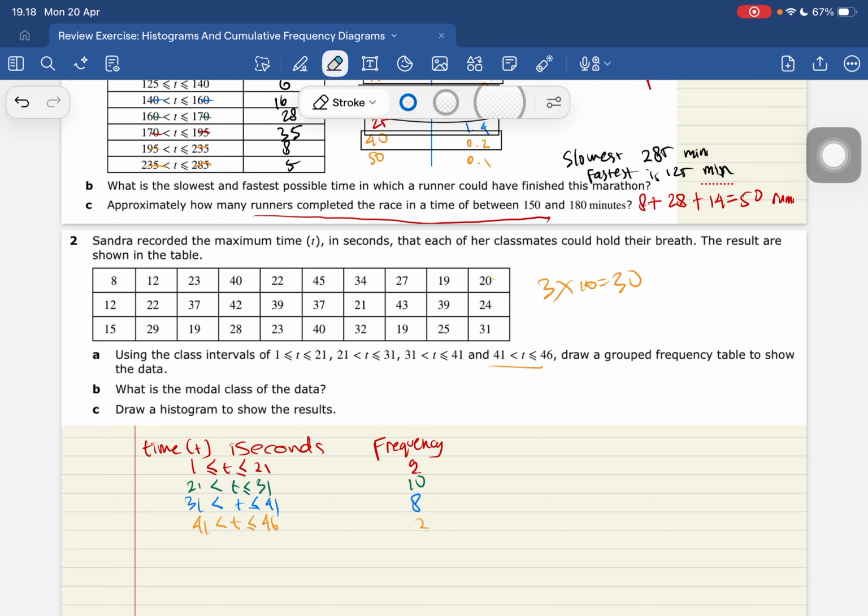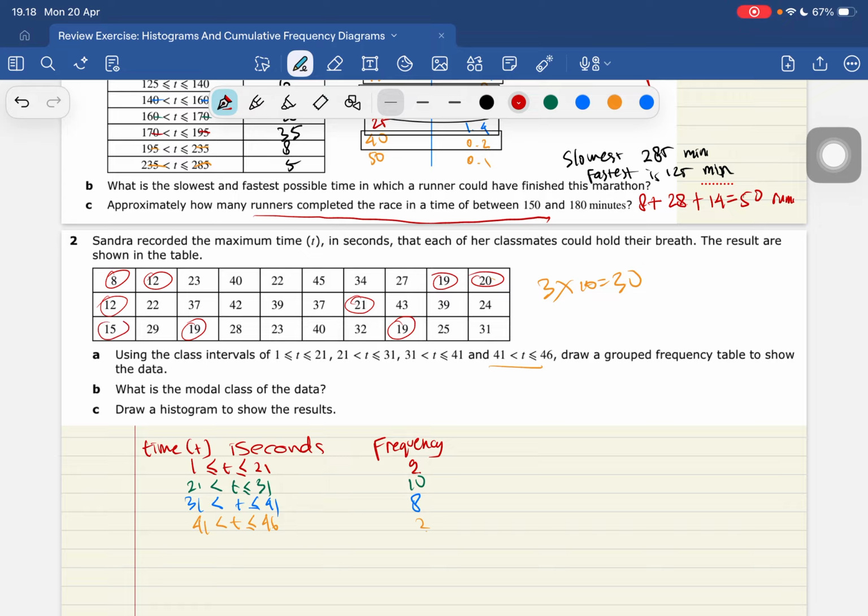Let's check it again from 1 to 21: 1, 2, 3, 4, 5, 6, 7, 8, 9. It's correct. Now 21 to 31: 1, 2, 3, 4, 5, 6, 7, 8, 9, 10.